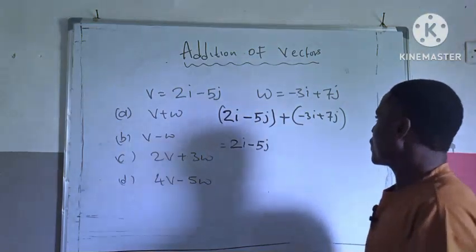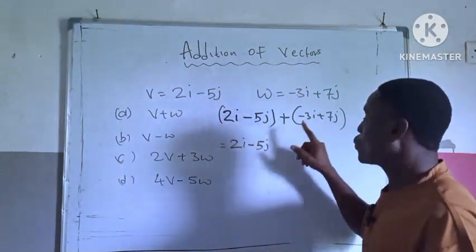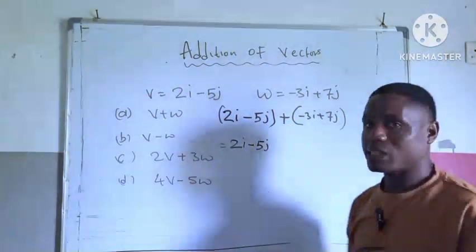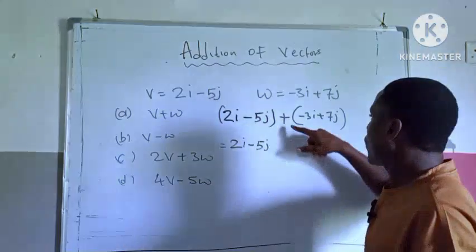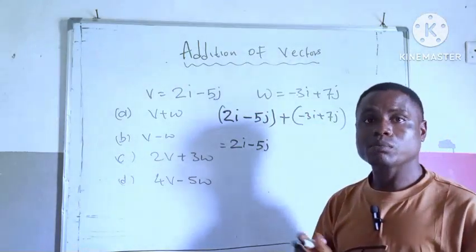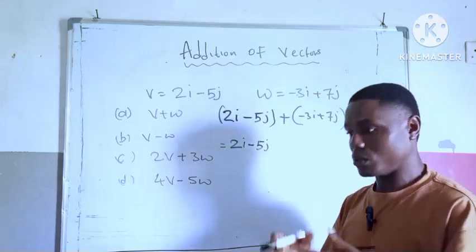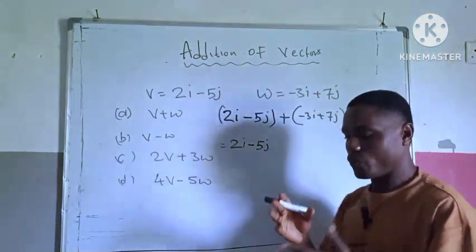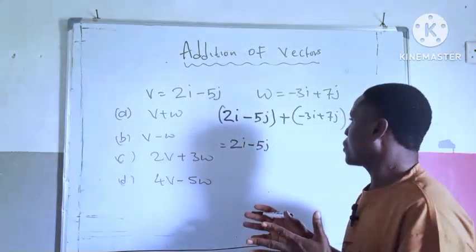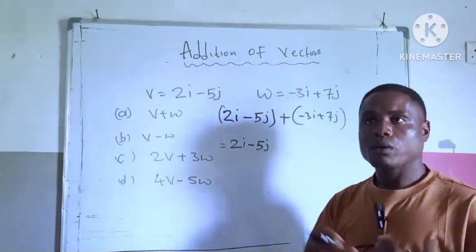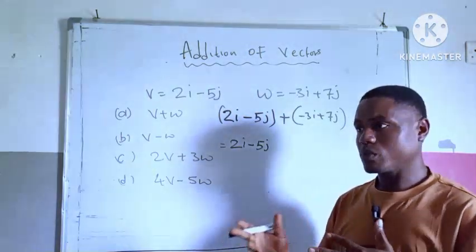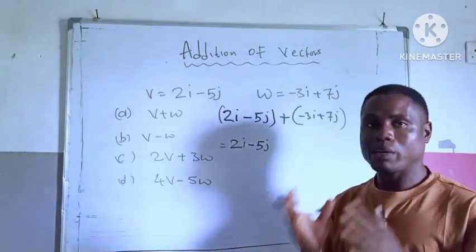Then for you to open the bracket, you know that this sign is affecting everything inside this bracket. So plus times minus is minus. Now most of you are confused when it comes to multiplication of signs, like minus times minus, plus times plus, plus times minus, and minus times plus.